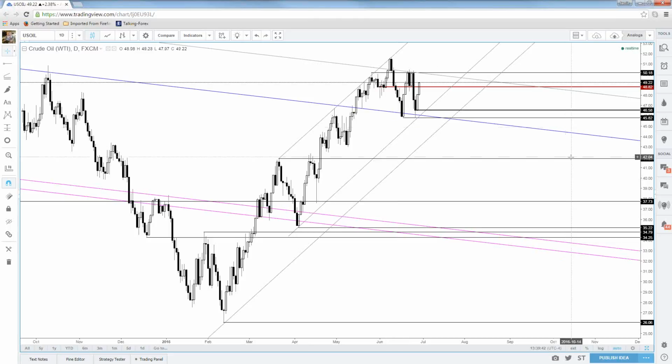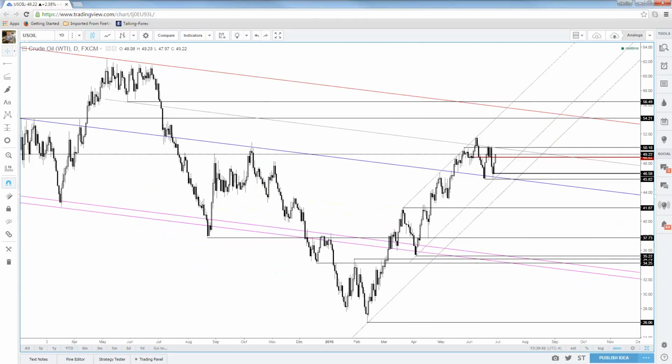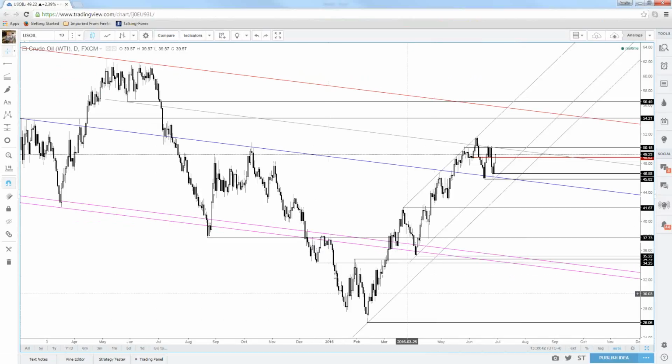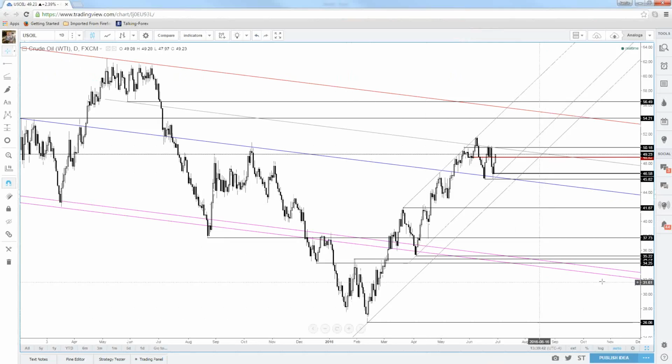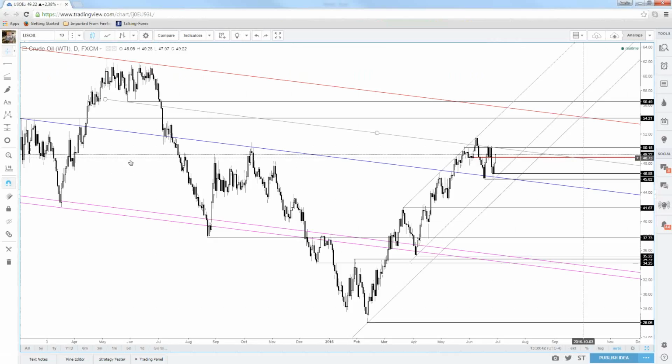Well, in dollars, it is 2 equal legs. But again, let's do this in percentage terms. We went from 41.87, that was the top. That was a rally from 26.06. Okay, that's a 61% rally.